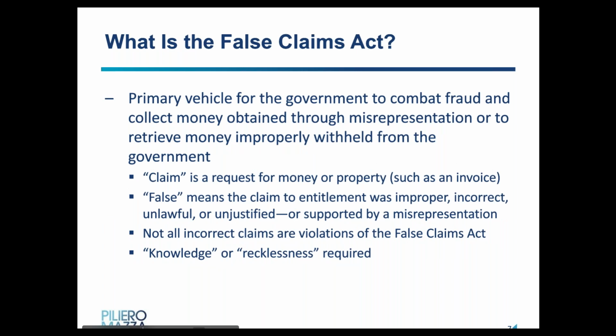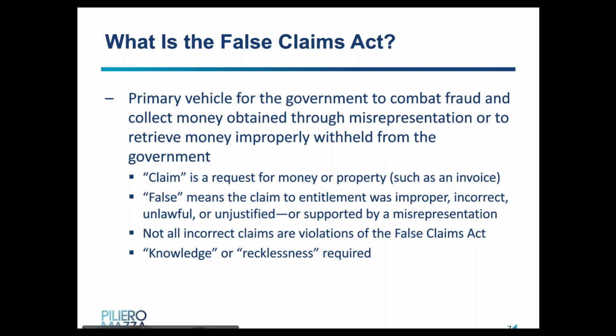So very quickly, what is the False Claims Act? It is the primary vehicle for the government to combat fraud and collect money obtained through misrepresentation or to retrieve money improperly withheld from the government. So obviously that is going to impact government contractors or really anybody who does business with the government or with government contractors.